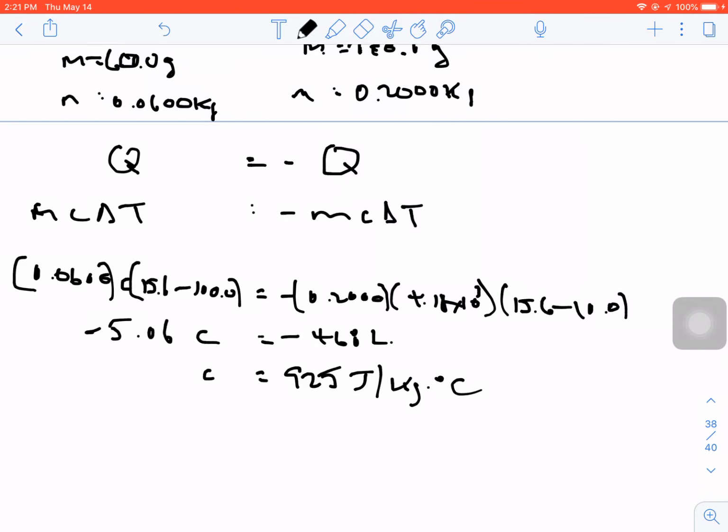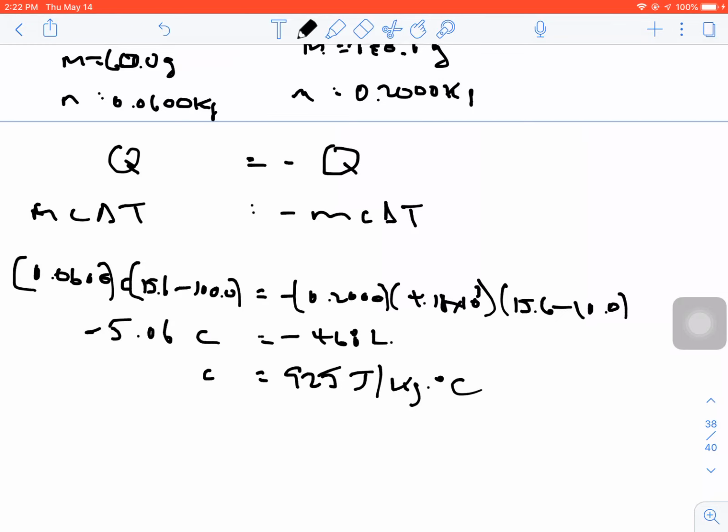And then if I go to my chart and say what has a specific heat capacity of 925, if I can find the chart, it's telling me aluminum is 920. Okay, so it's probably aluminum.